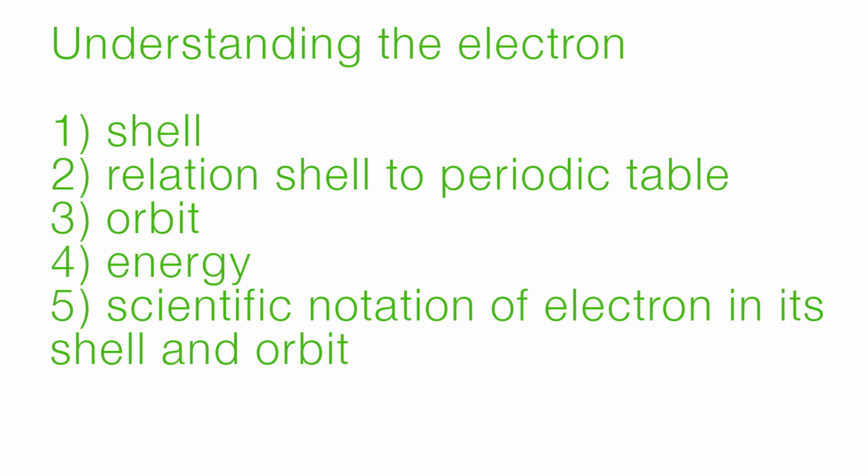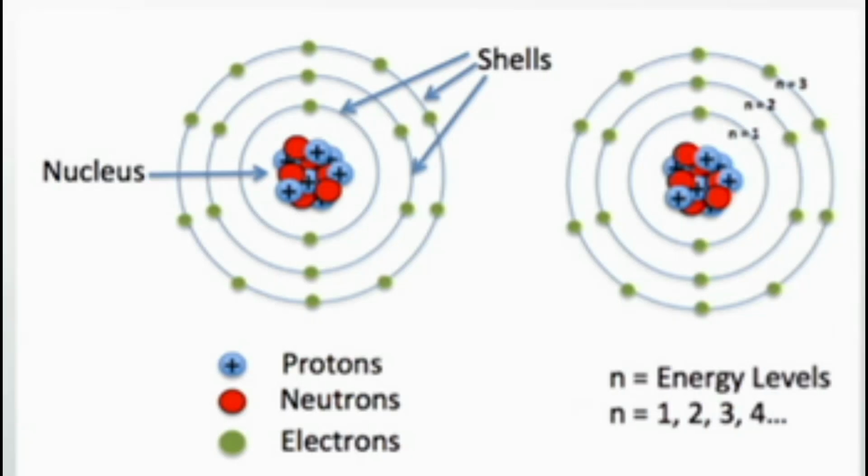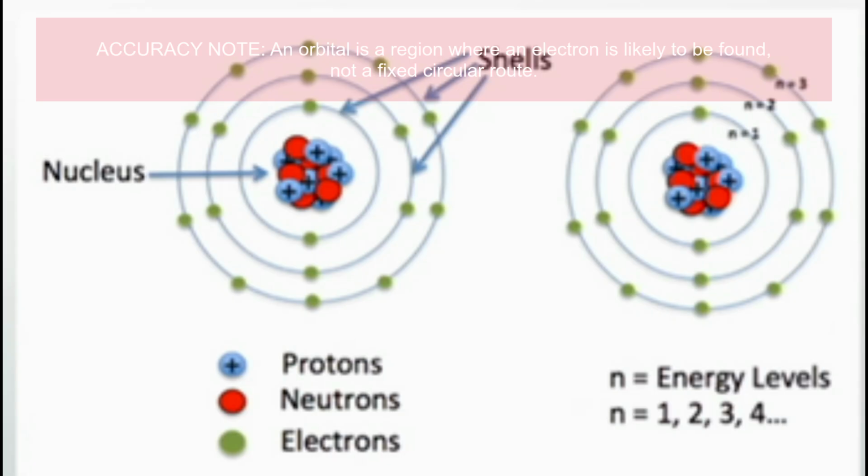So I start with the first thing, the shell. I have told you the element has a nucleus, with the proton and the neutron, and around the nucleus, the electron flies. However, that explanation is very simple, more for secondary school.